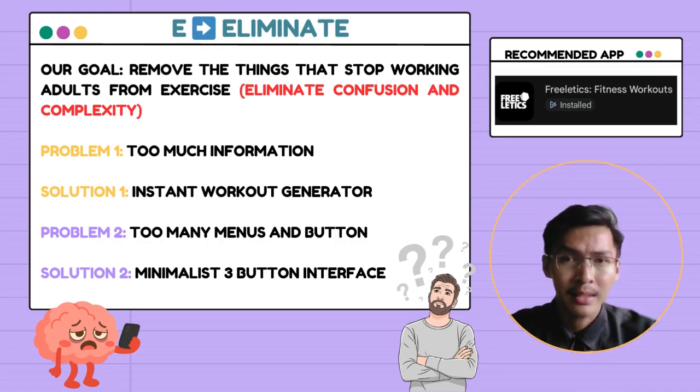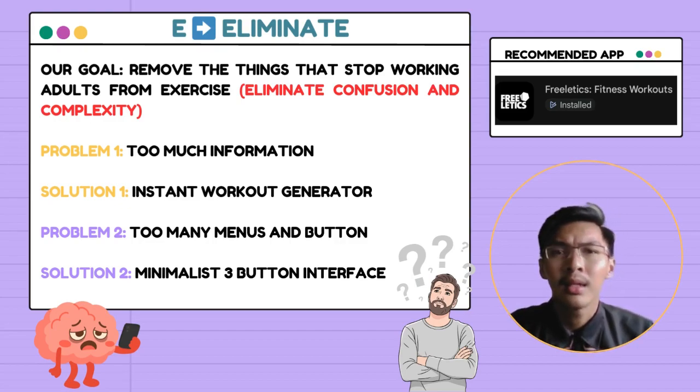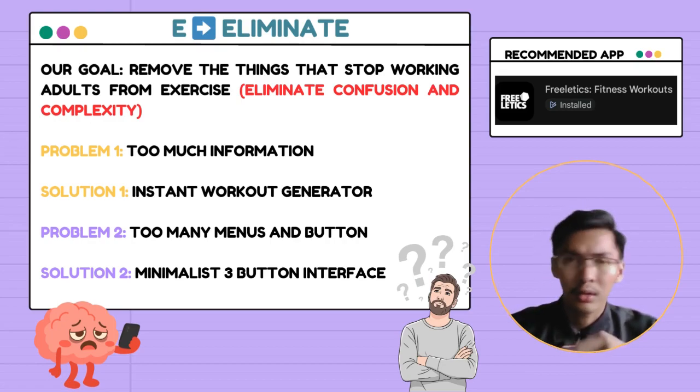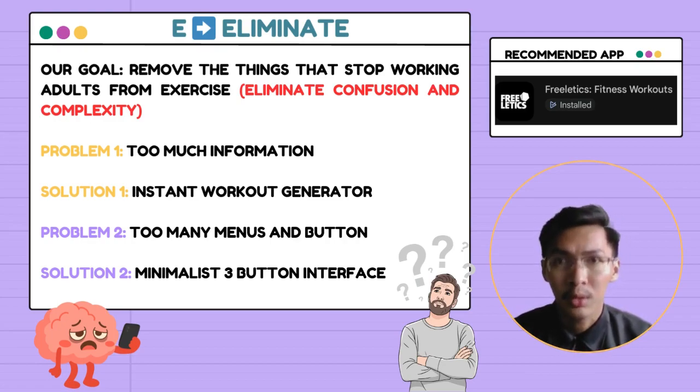For example, problem number one is the apps give too much information. Sometimes when they want to open the apps, they just want to start. But when the features and information are overloaded, this will lead them to not do exercise and just give up because they do not know which one to choose to start.